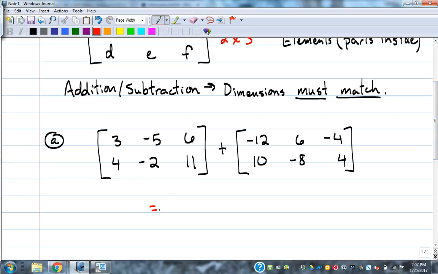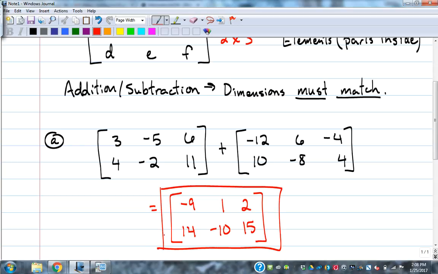It's going to be a 2 by 3. 3 plus negative 12 is negative 9, negative 5 plus 6 is 1, 6 plus negative 4 is 2, 14, negative 10, and 15. And that is the solution to that matrix addition.